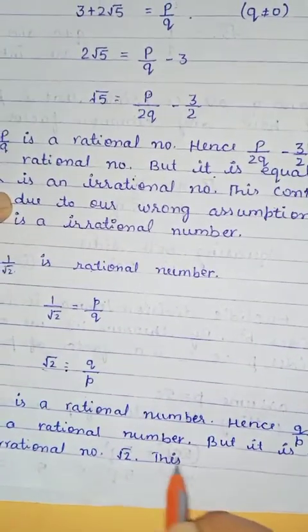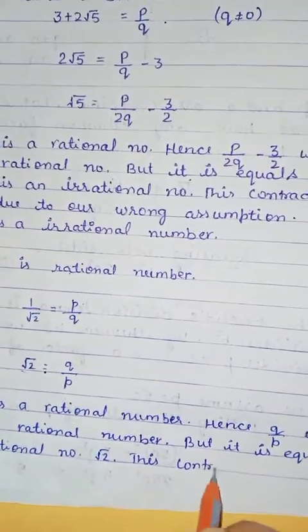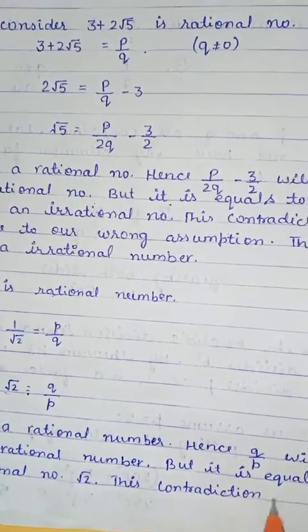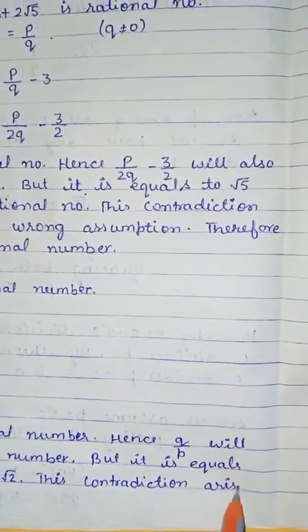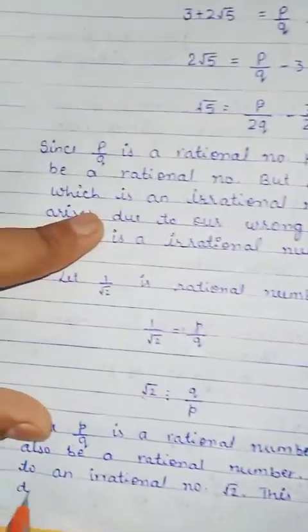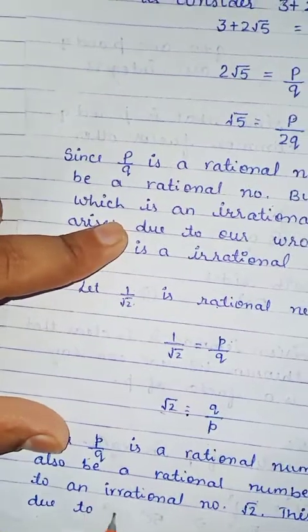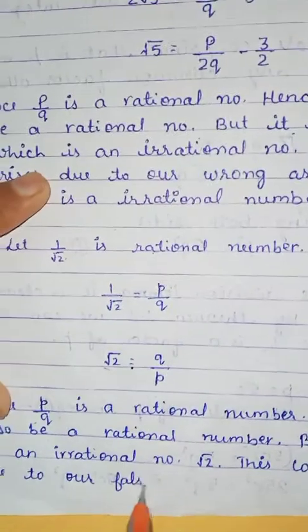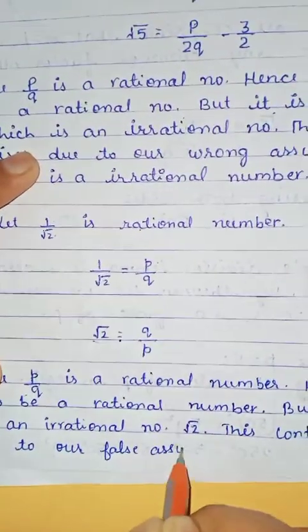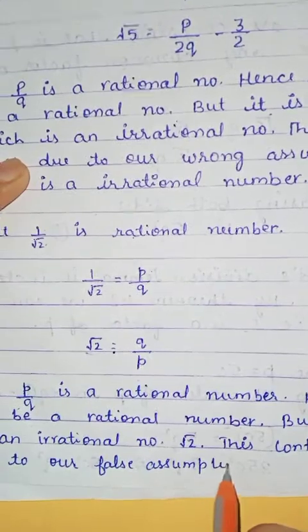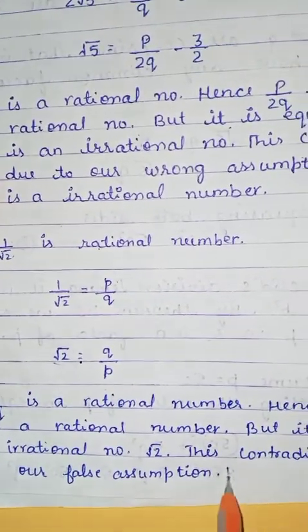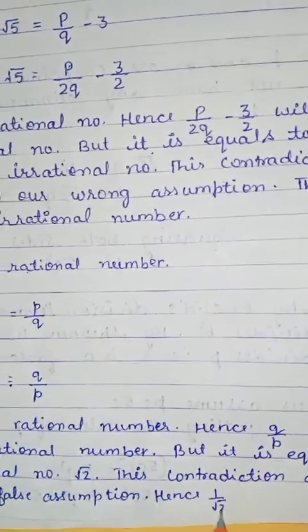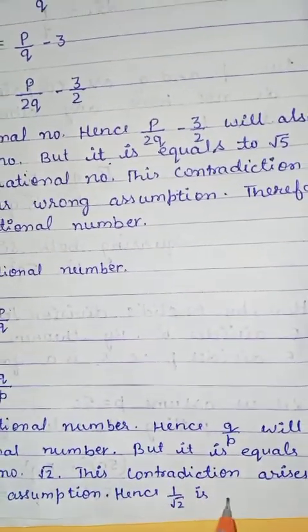This contradiction arises due to our false assumption. Hence 1 upon root 2 is irrational.